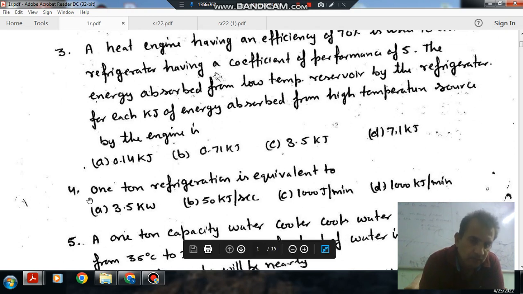Question 4: 1 ton of refrigeration is equivalent to option A 3.5 kilowatt, B 50 kilojoule per second, C 1000 joule per minute, D 1000 kilojoule per minute.